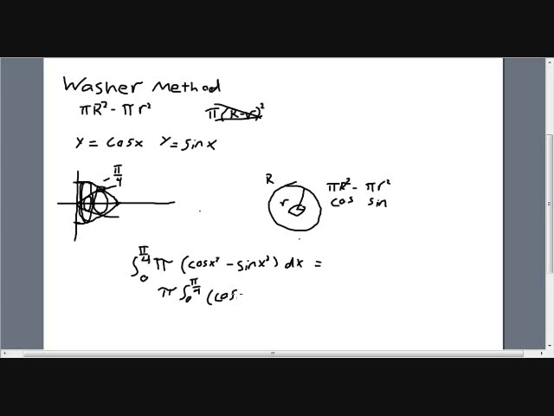Therefore, the integral can be rewritten as pi times the integral from 0 to pi over 4 of cosine 2x dx. From there, you take the antiderivative of cosine 2x and get 1/2 sine 2x.